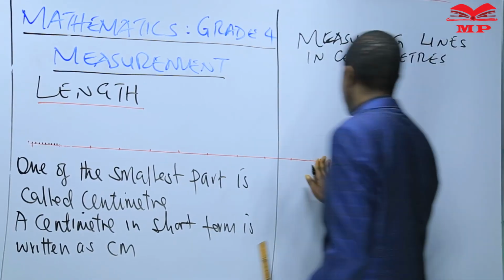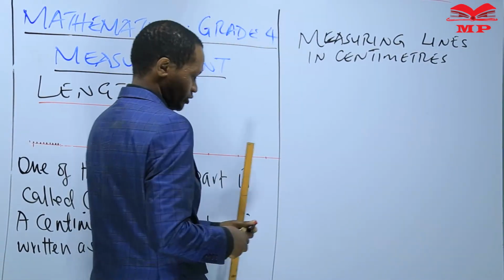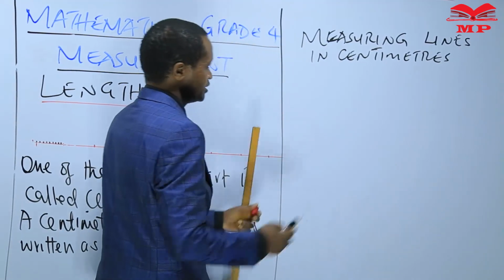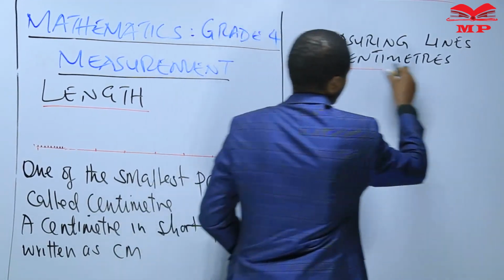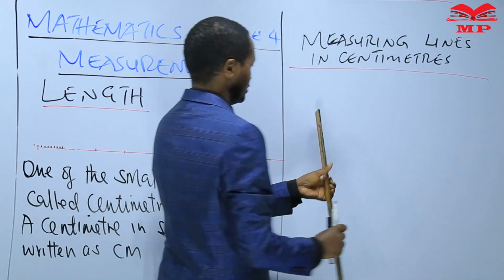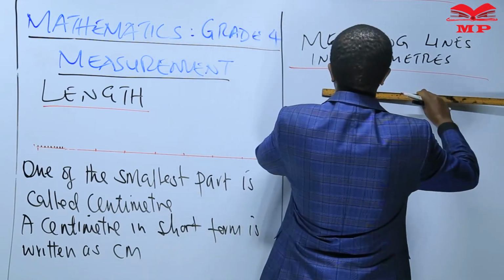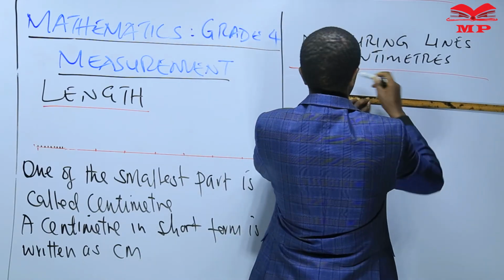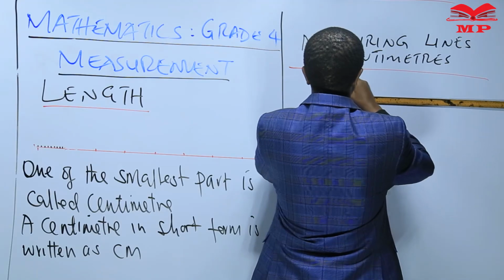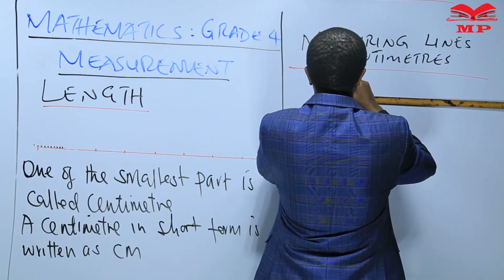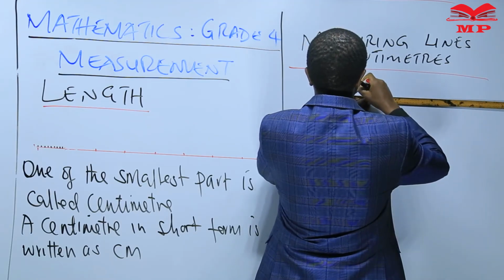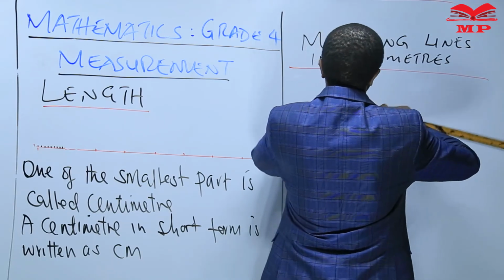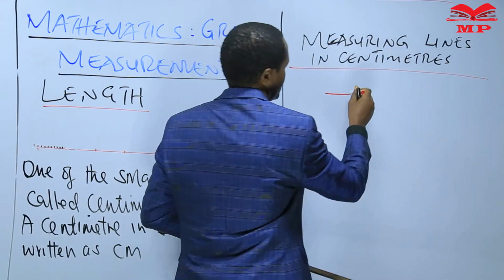Measuring lines in centimeters. So I will draw lines, then I measure the lines. So the first line is from this point to that point. This is a line.